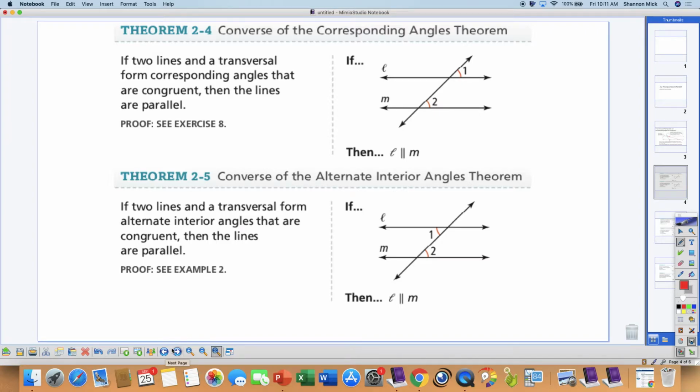Parallel. I just said the same thing but backwards. So if two lines and a transversal form corresponding angles that are congruent, then the lines are parallel.